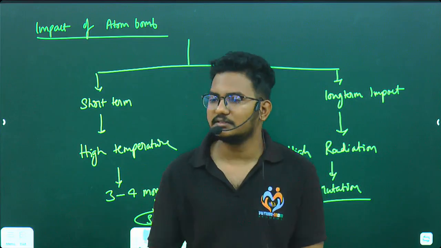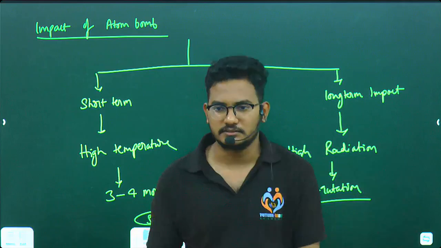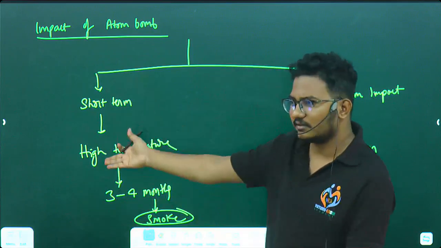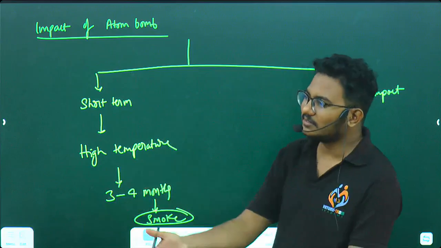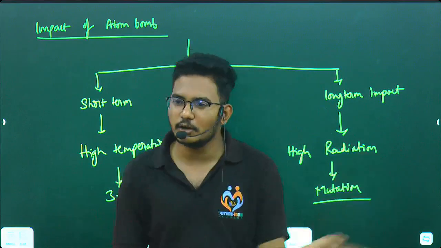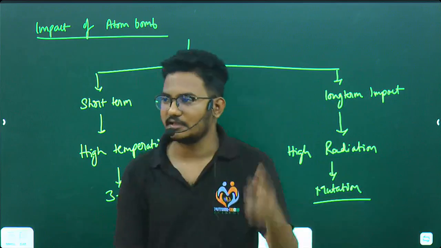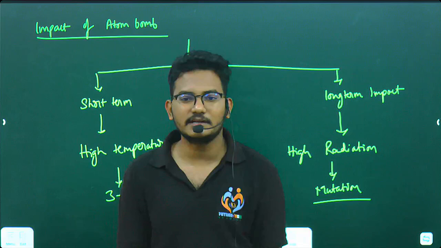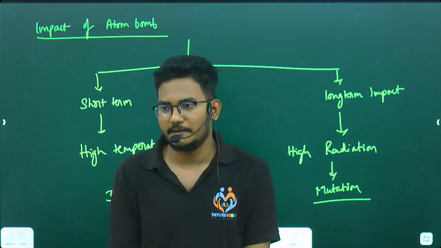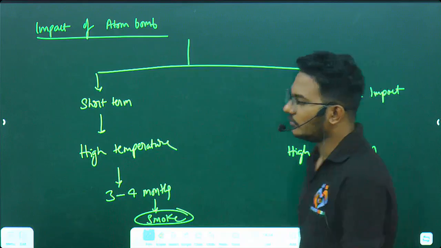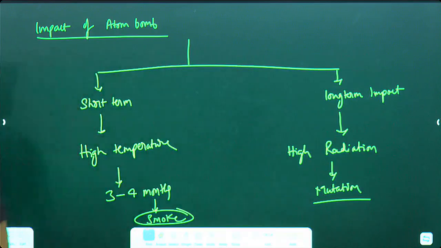All these things will be there for generations. So the immediate effect is quite less, because at 1000 degrees Celsius you don't even feel the pain, immediately you'll burn and be converted into ash. You don't have that much pain, but for your further generations it will be a huge pain. So this is the long-term effect of the atom bomb.